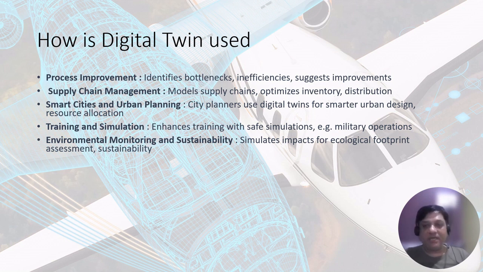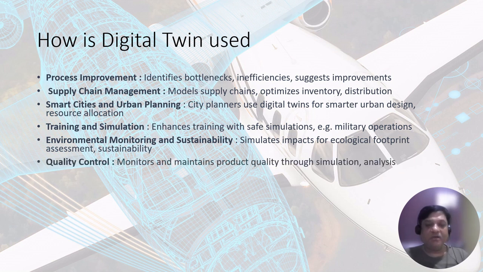Environmental monitoring and sustainability for helping organizations assess ecological footprints and make more sustainable decisions. Quality control for quality product maintenance and simulating and analyzing production processes and their impacts.